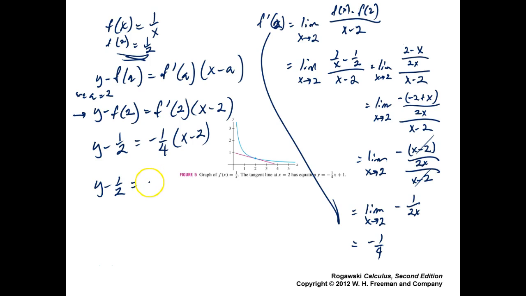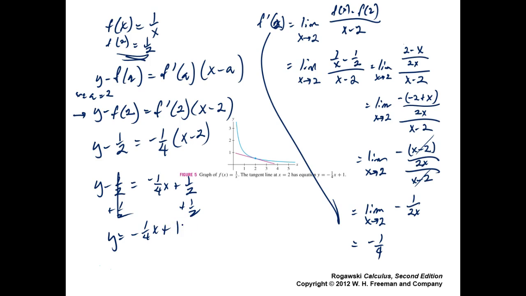Not that hard. Negative 1/4 x plus 1/2, right? Minus on minus is plus, right? Okay, and then what could we do? Add 1/2 to both sides, and that would give me y is equal to negative 1/4 x plus 1.